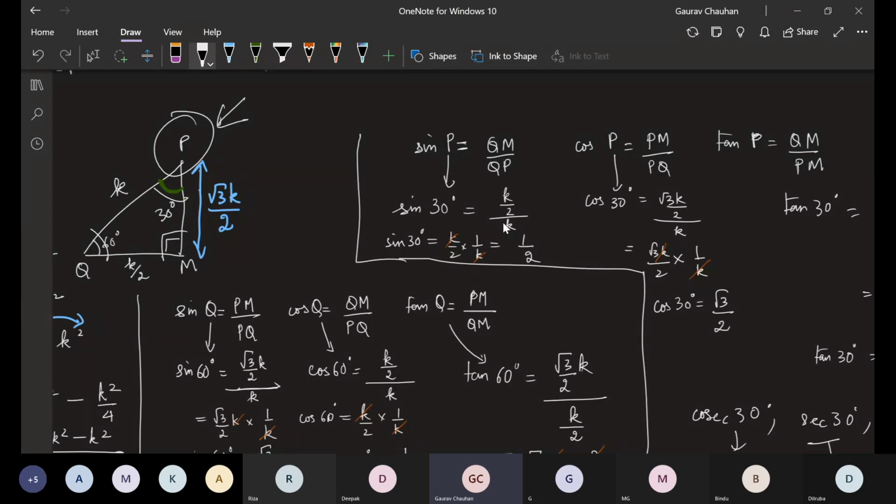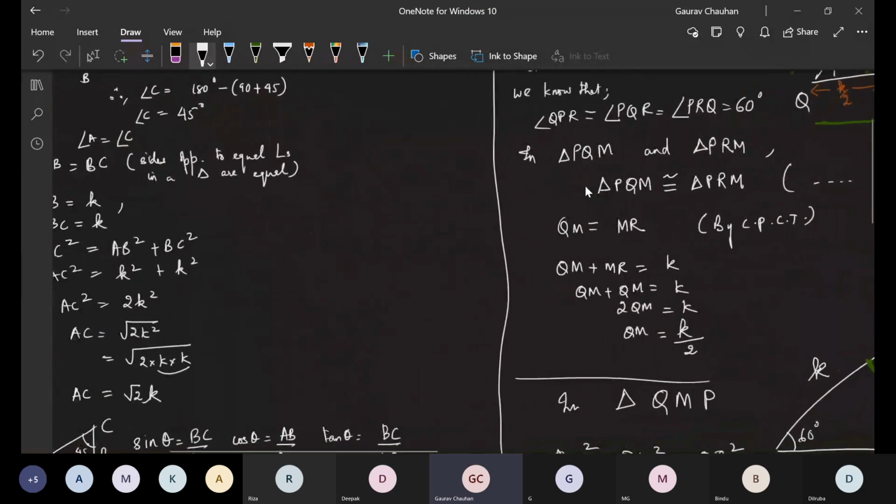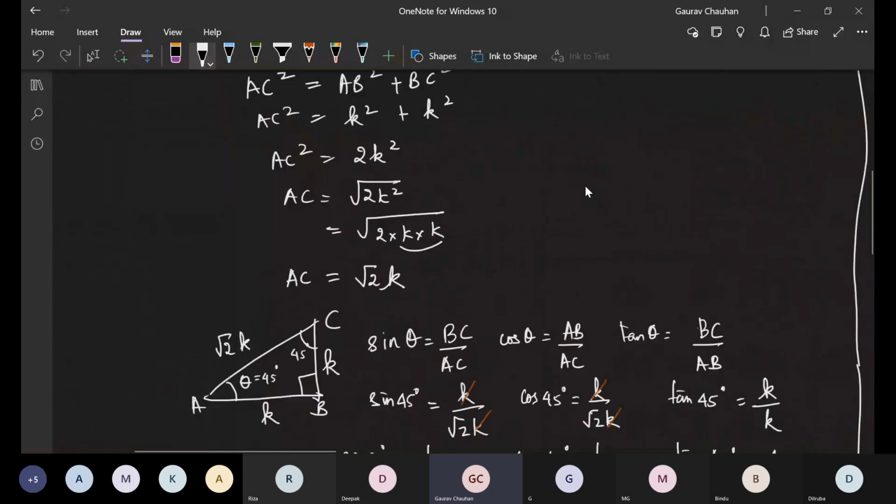Because this is 90, this is 60, by angle sum property, this has to be 30. So instead of doing more effort, we just took the same triangle and found sine P, cos P, and tan P. That's all, guys. And we also saw that all of these values are the ones which we listed in the beginning, the ones which are given in the textbook.